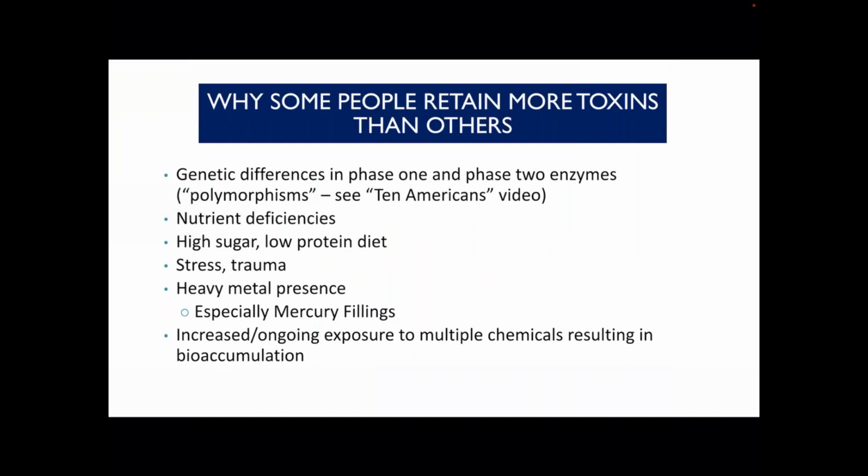One is they're just poor metabolizers and they don't get rid of it, or they don't have the right nutrients like we saw on the previous slide. But there are these single nucleotide polymorphisms, which are basically genetic differences, that actually affect how we do our phase 1 and phase 2 detoxification that I just showed you on the other slide.